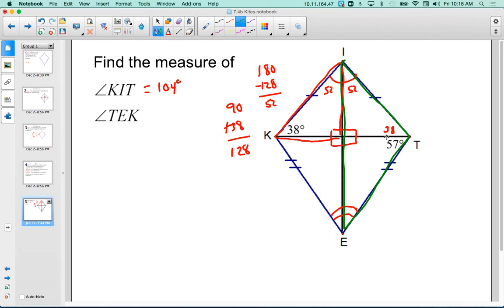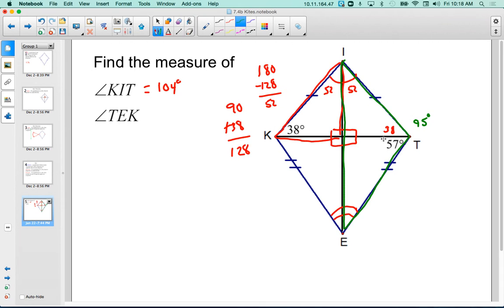And we know two of the angles; once I add these together, 38 and 57 is, what is that, 95? So we got a 52-degree angle, a 95-degree angle. We could find this angle down here using those three.